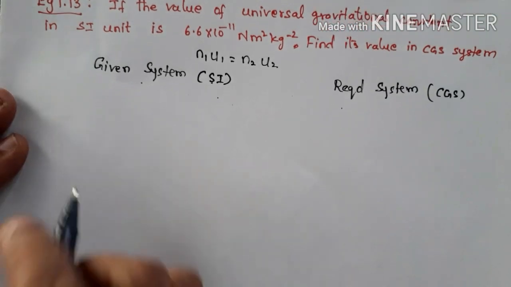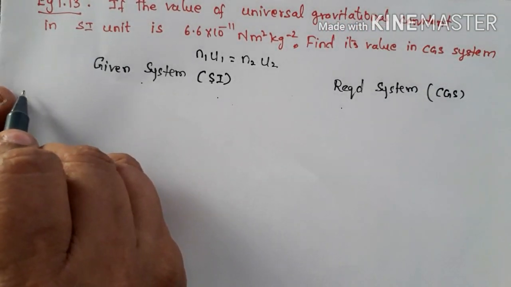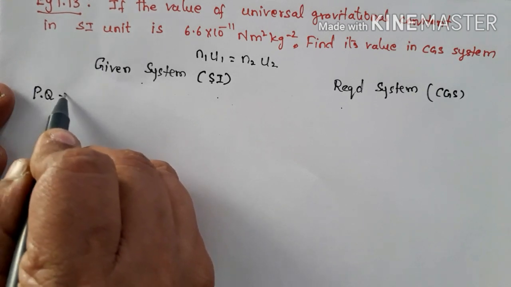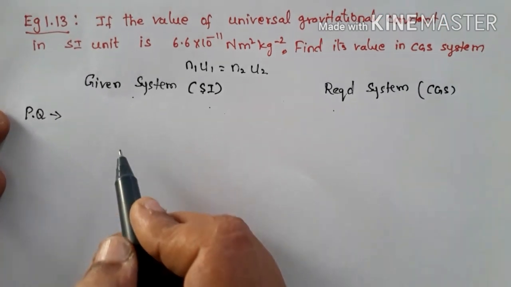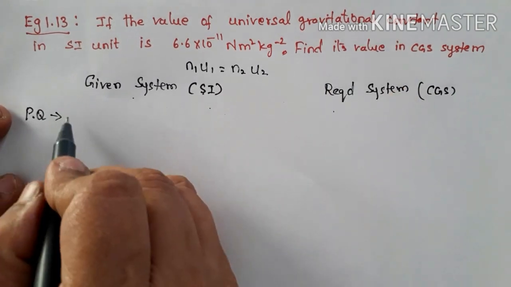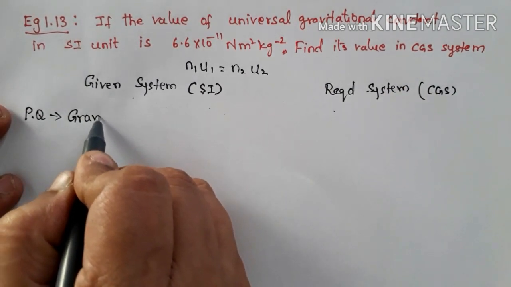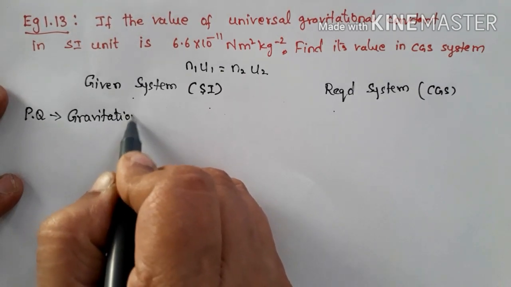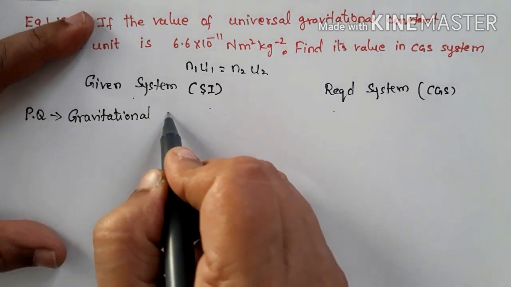Now, what is the physical quantity involved in this problem, children? Universal gravitational constant, right? So the physical quantity involved here is gravitational constant.